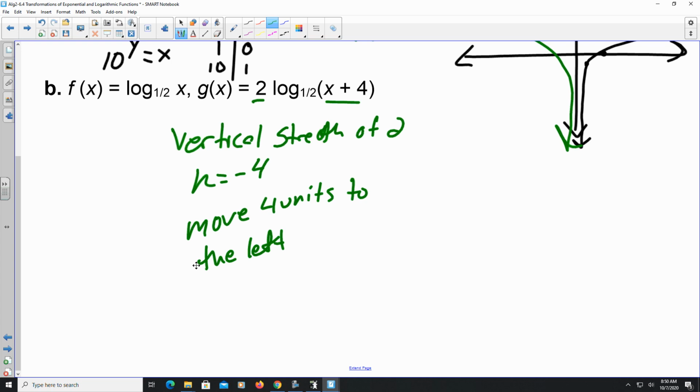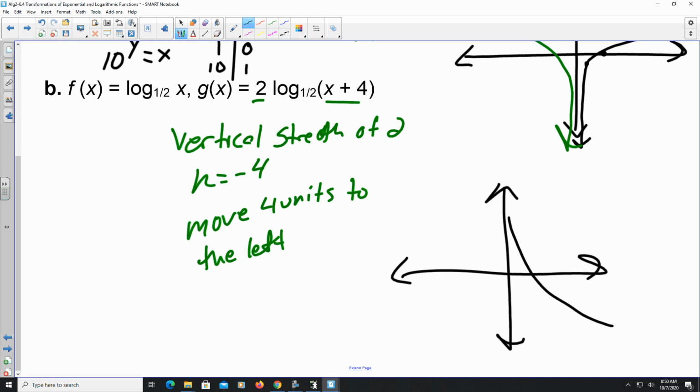And looking at this, very similar to the exponential functions, because we moved it to the left, just by looking at the graph, if I were to give you a quick sketch of y equals log of 1/2 x, it would look something kind of like this.